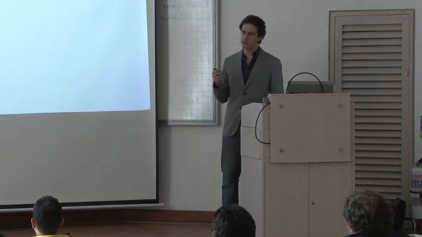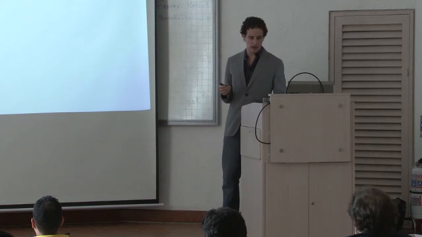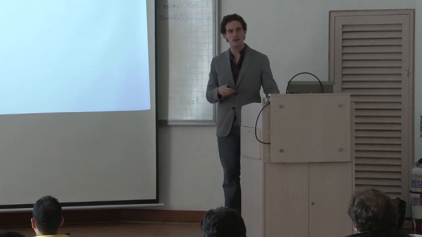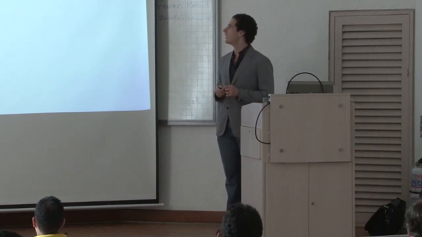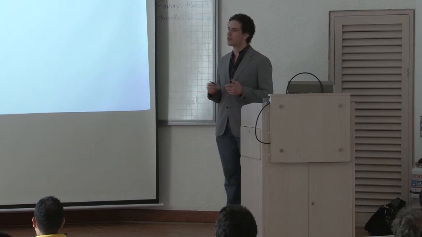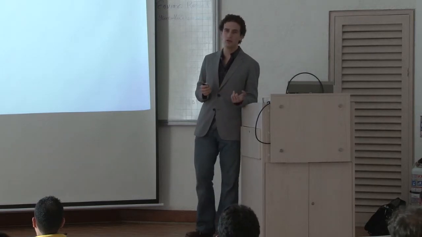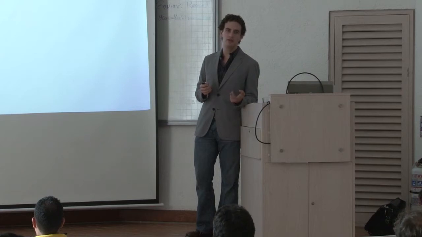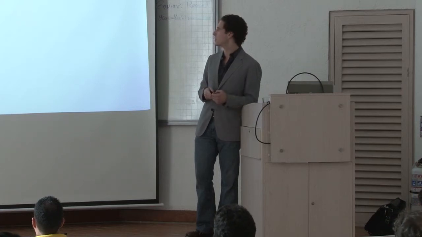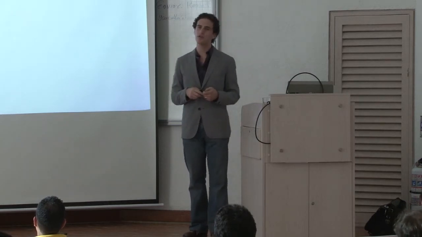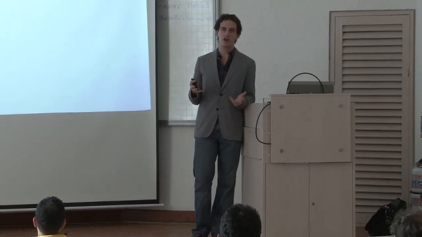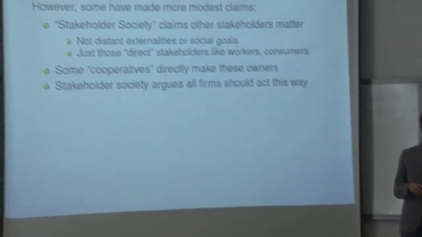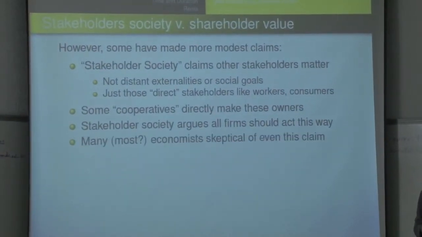Instead, they've said that there are some stakeholders associated with the company other than the shareholders whose value we need to protect: in particular, the value to the workers of the company and the value to the consumers of the company's products. And this so-called stakeholder society view argues that firms, rather than just viewing their shareholders as the only people they're responsible to, should also take into account their other stakeholders like workers and consumers.